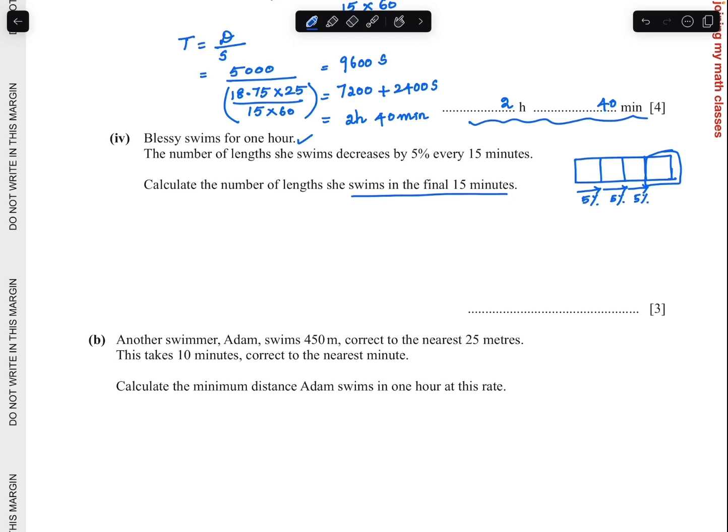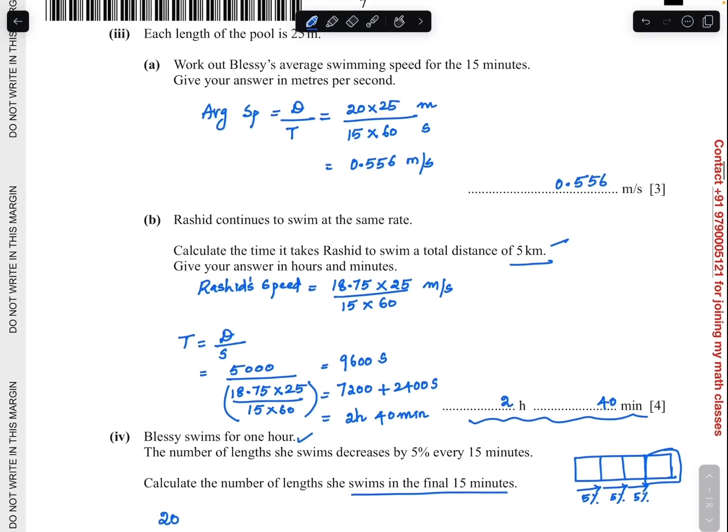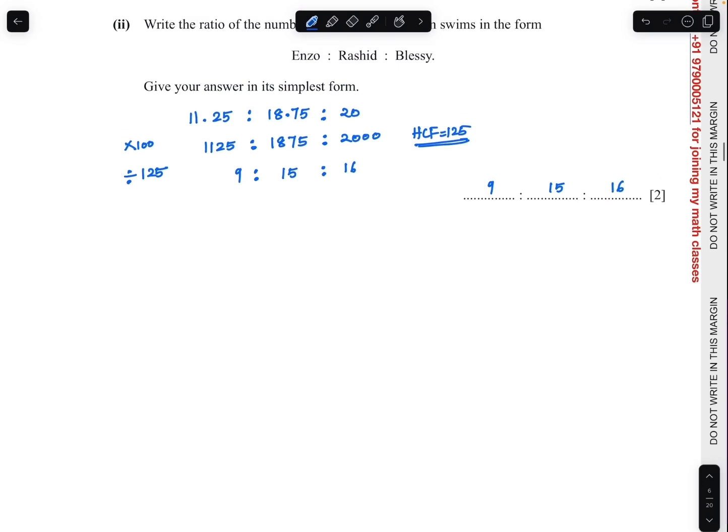So the formula will be the same but with a negative sign. For Blessy, 20 is the initial number of lengths that has been given in the table.